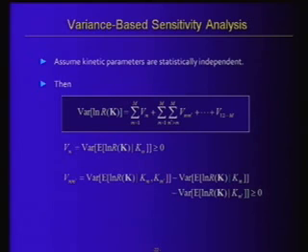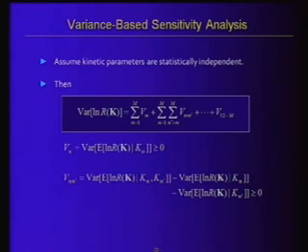First of all, let's see what this thing is here. This term here is the expected value of the response when you fix the kinetic parameter of the mth reaction. So you fix the kinetic parameter of the mth reaction, you vary the rest, and you take the expected value of the response with the rest with this variation.